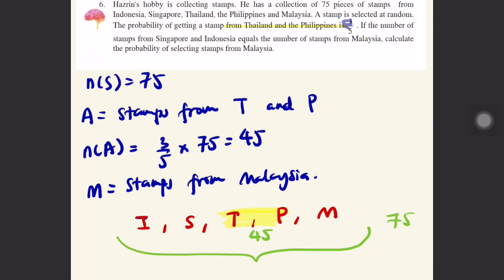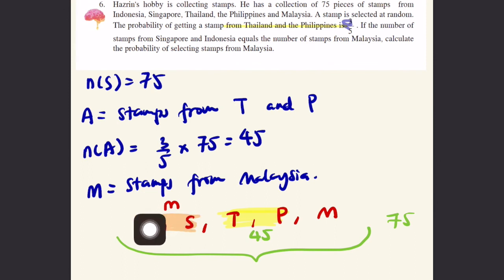Okay, so now it says here, if the number of stamps from Singapore and Indonesia equals the number of stamps from Malaysia. So it means Malaysia is equal to the total of Indonesia and Singapore. So we can assume these two countries as Malaysia, because the question already stated that Indonesia and Singapore, if combined, is equal to the number of Malaysia.